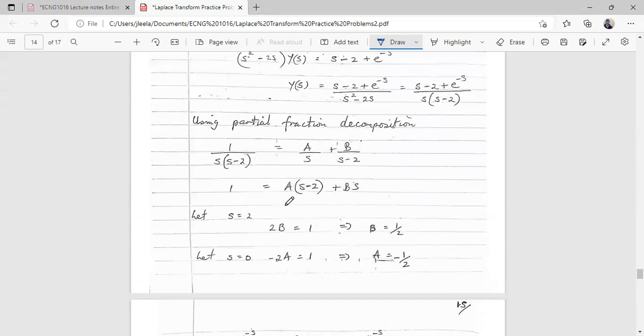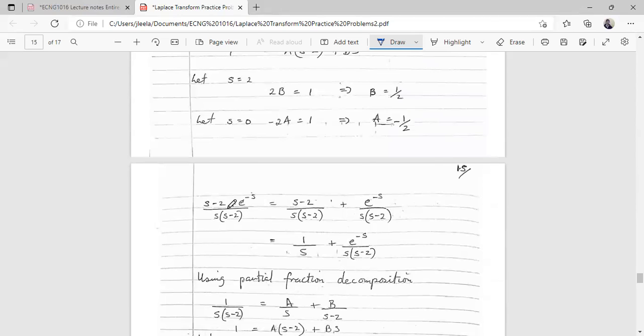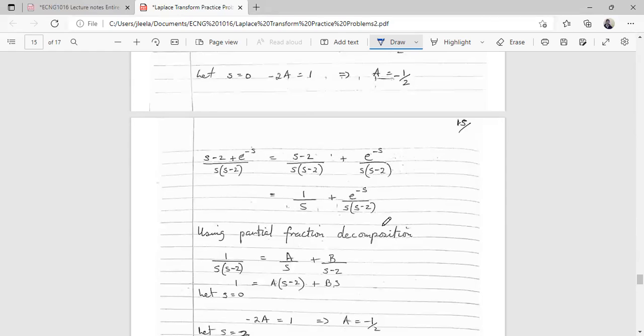So remember, you have s minus 2 plus e to the minus s in the numerator, which you could break up as s minus 2 over s into s minus 2 plus e to the minus s over s into s minus 2.